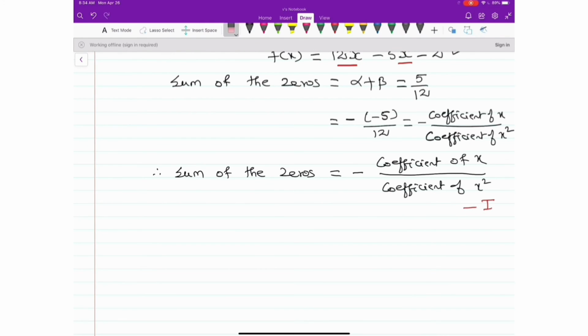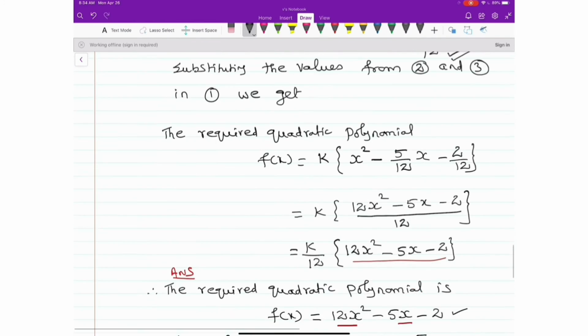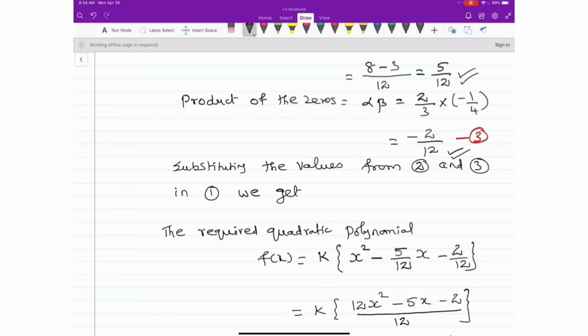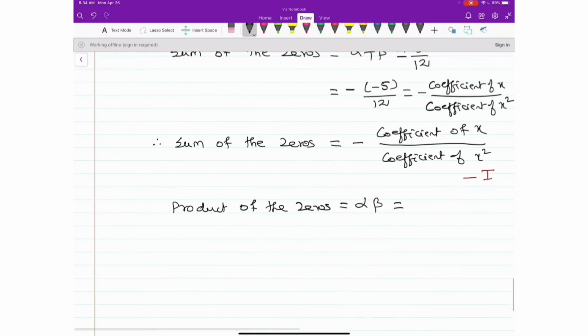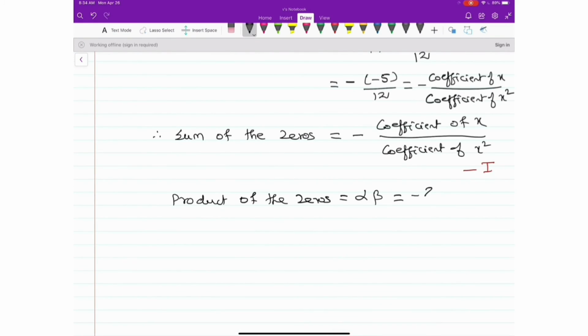What is product of the zeros? Product of the zeros is equal to alpha beta is equal to, we got alpha beta as minus 2 by 12. So, let me write over here minus 2 by 12.